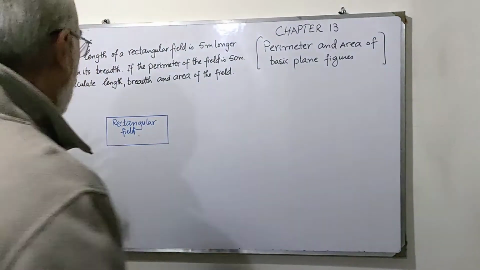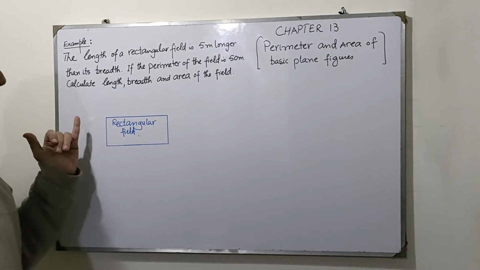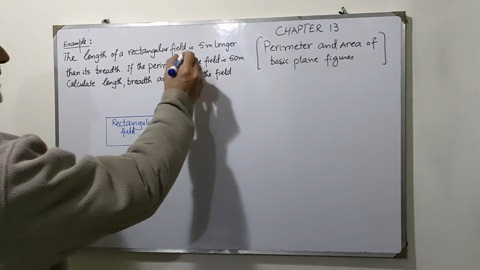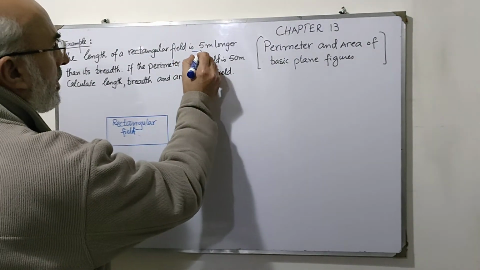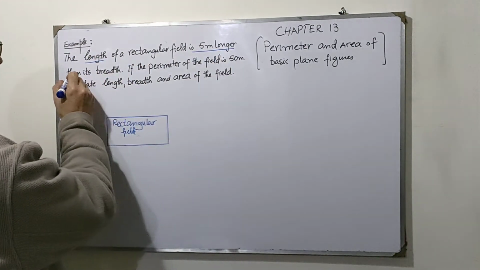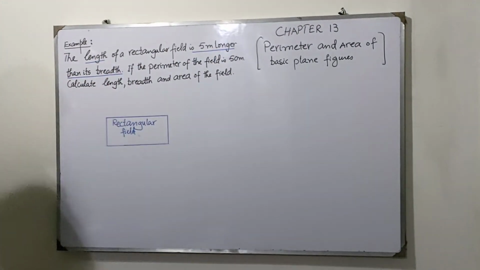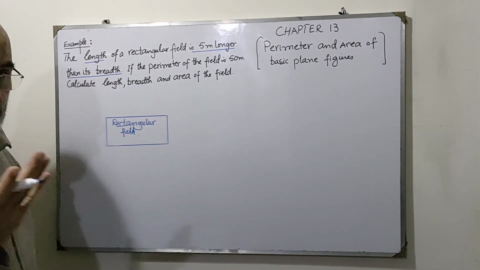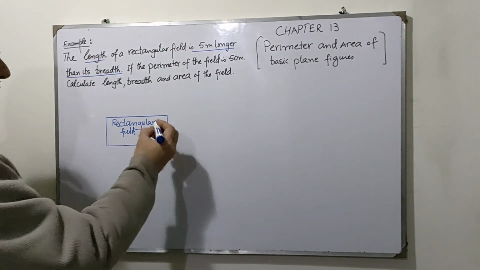Now we have a rectangular field. So let's apply the conditions. The length is 5 meters longer than its breadth, and both are not known. So what do we do when things are not known? We take variables.